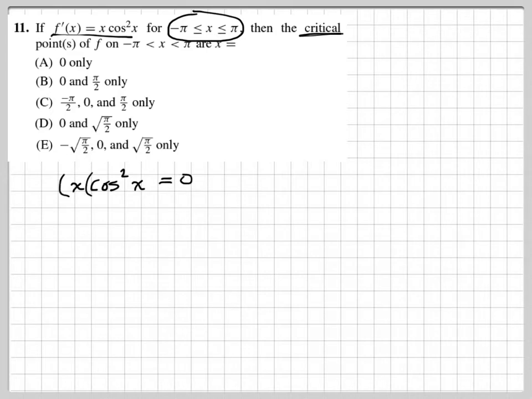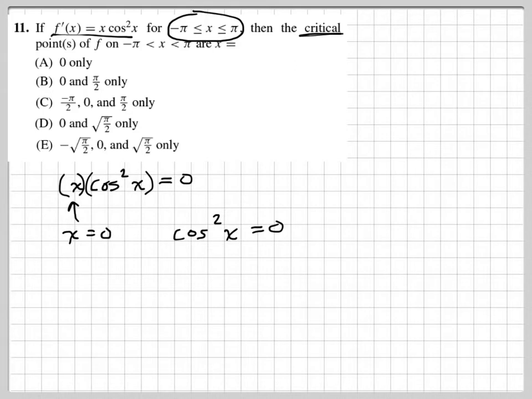Now we have two factors multiplying to each other to get 0. One is definitely going to be 0 because of that factor right there. The other one we got to do a little bit more thinking about. Okay, so we got cosine squared of x equals 0.